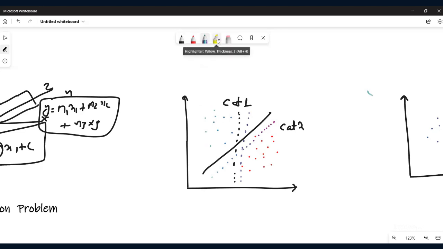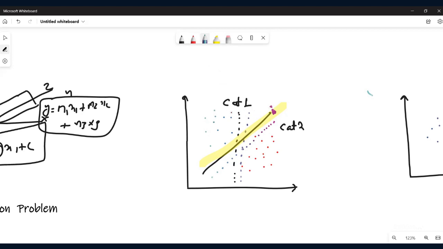Now we have a test variable which lies on this side, which basically should go to this data.